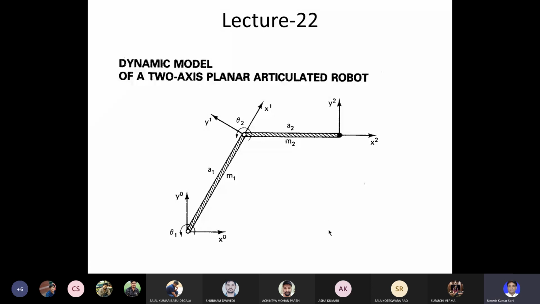Previously I had discussed how we take the center of gravity of link 1 and the center of mass of link 2, which is at a distance a2 by 2 from the L2 frame, and similarly the center of mass of link 1 is at a distance a1 by 2 from the frame L1 along the x-axis with negative magnitude.